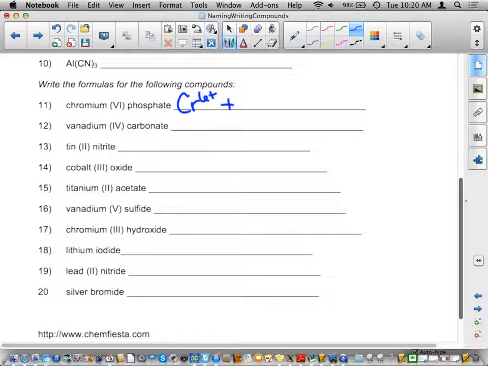It does not end in IDE, so that means it's on the list. Phosphate is down with the -3 charge. PO4, -3. My charges are not balanced. So to get them balanced, I need to have a -6 charge, which means I need to bring in another phosphate. So on the outside of my parentheses, I'm going to put a 2.